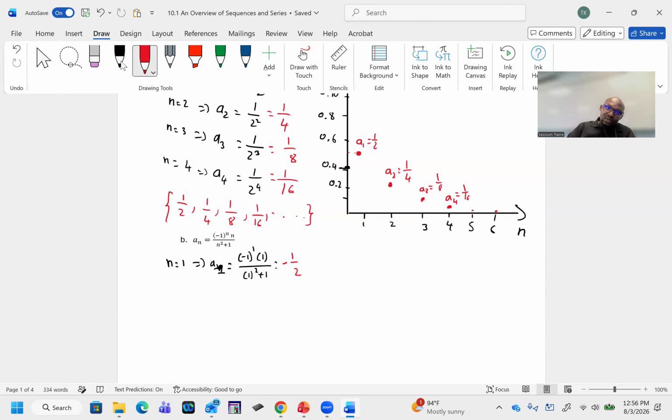And when n is 2, I'm going to go a little bit fast now. You know how to substitute. If n is 2, A sub 2 will be equal to, you substitute 2, we will get 2 divided by 5. When n is 3, A sub 3 would be -3 divided by 10.